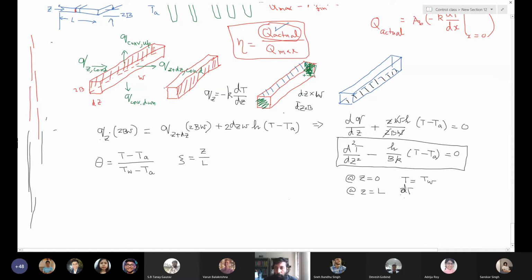This is one dimensional, dT dZ equals 0. Okay. Now non-dimensionalize this equation and boundary conditions, and tell me which dimensionless group you get.